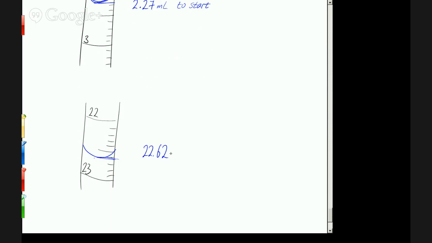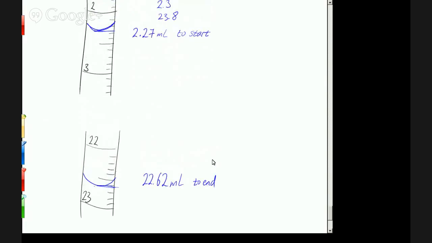Yeah, 22.62. So we started at 2.27, we ended at 22.62. We subtract those two, and that is the total amount that was added.